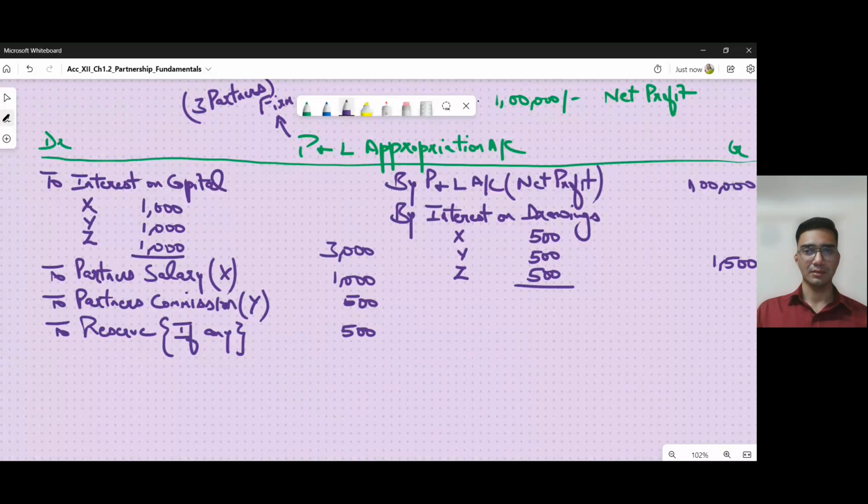Now we have to balance this account. So which side is coming more? The credit side. So the amount is coming as 1,01,500. So on my credit side, I've written that. My debit side also I'll write.